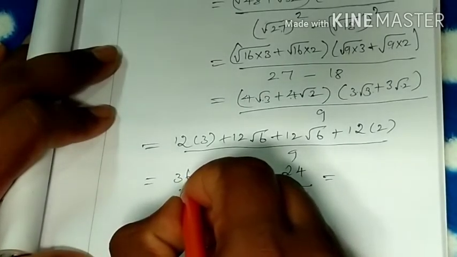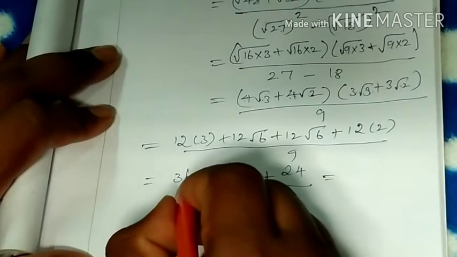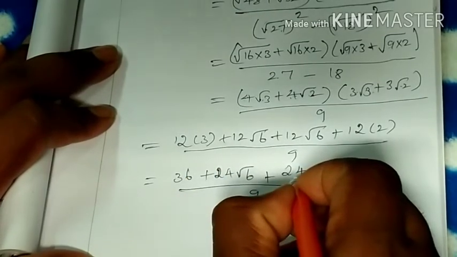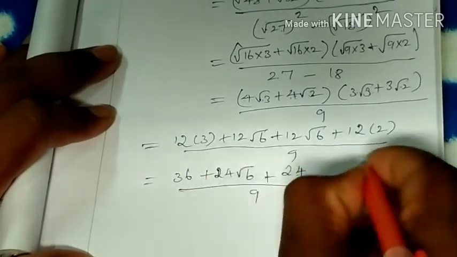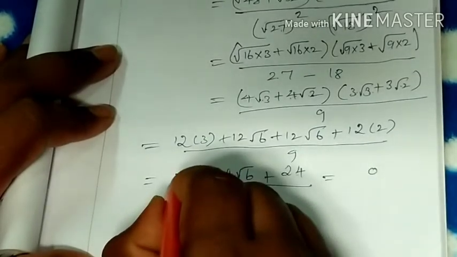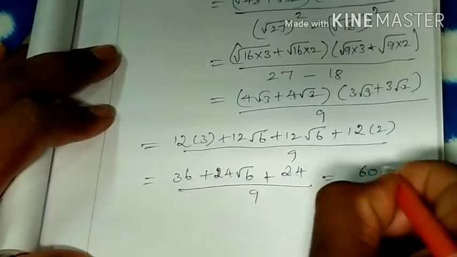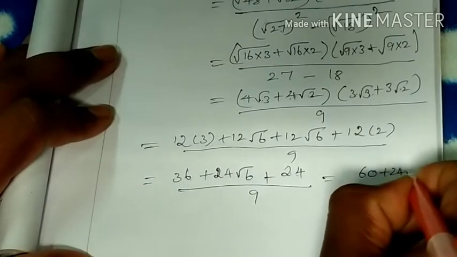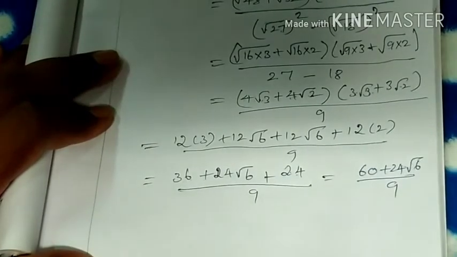36 plus 24 equals 60, so 60 plus 24 root 6 divided by 9.